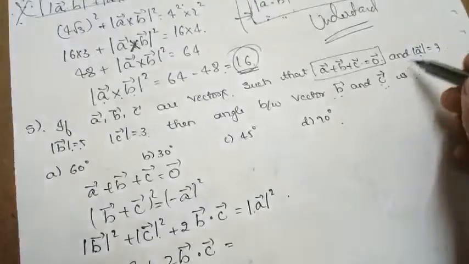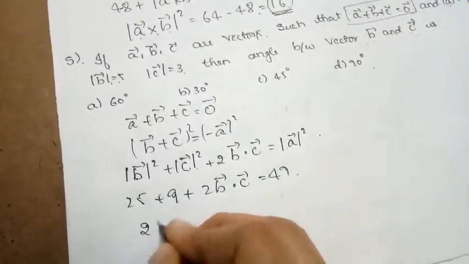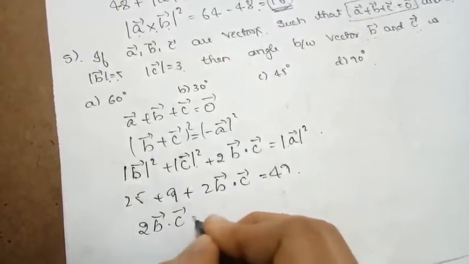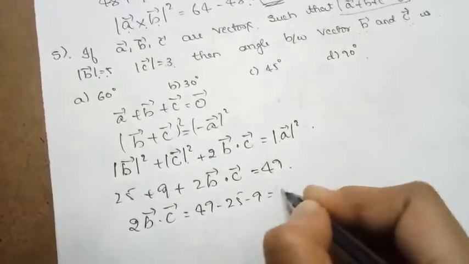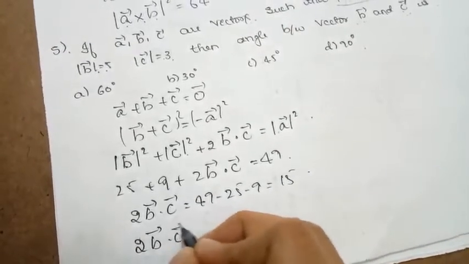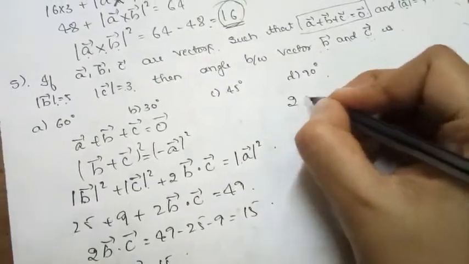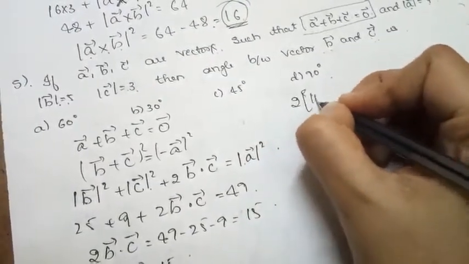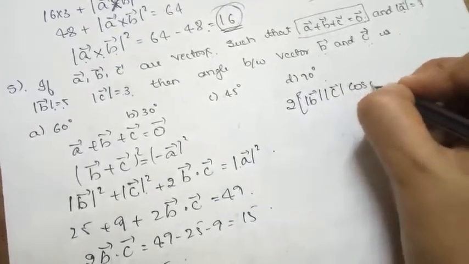What is magnitude of vector A? It is 7, 7 squared is 49. So 2 times vector B dot vector C is equal to 49 minus 25 minus 9, which is equal to 15. So 2 times vector B dot C is equal to 15. What is vector B dot C? It is nothing but magnitude of vector B, magnitude of vector C, cos theta.